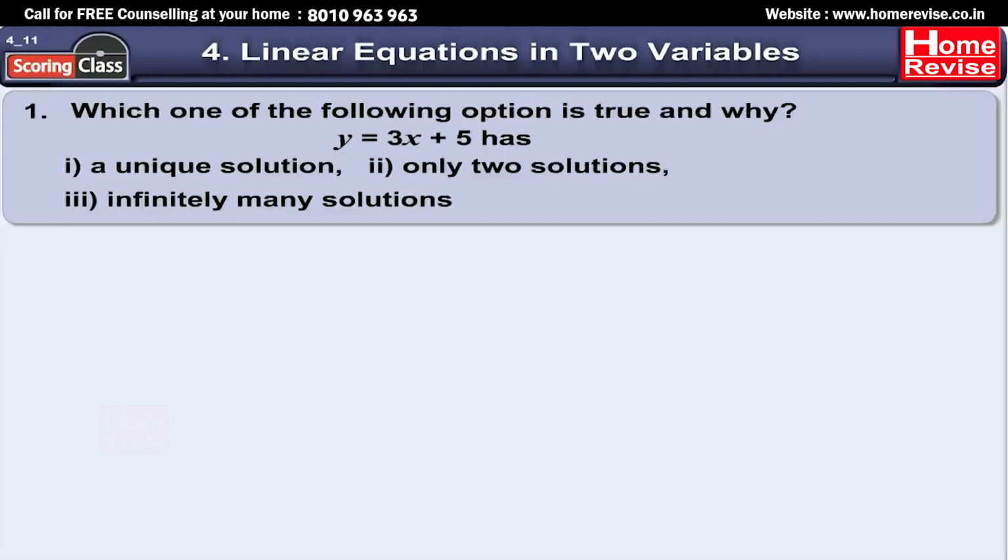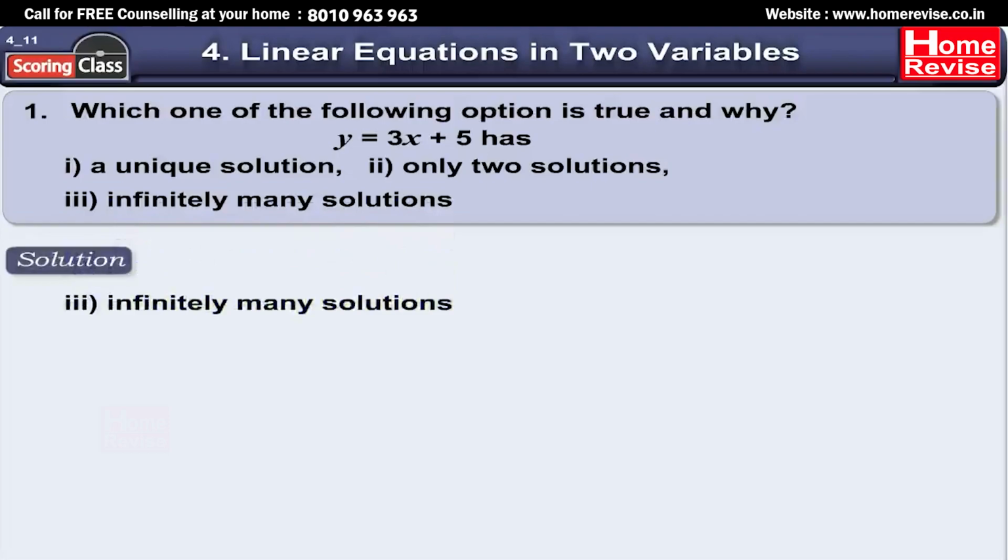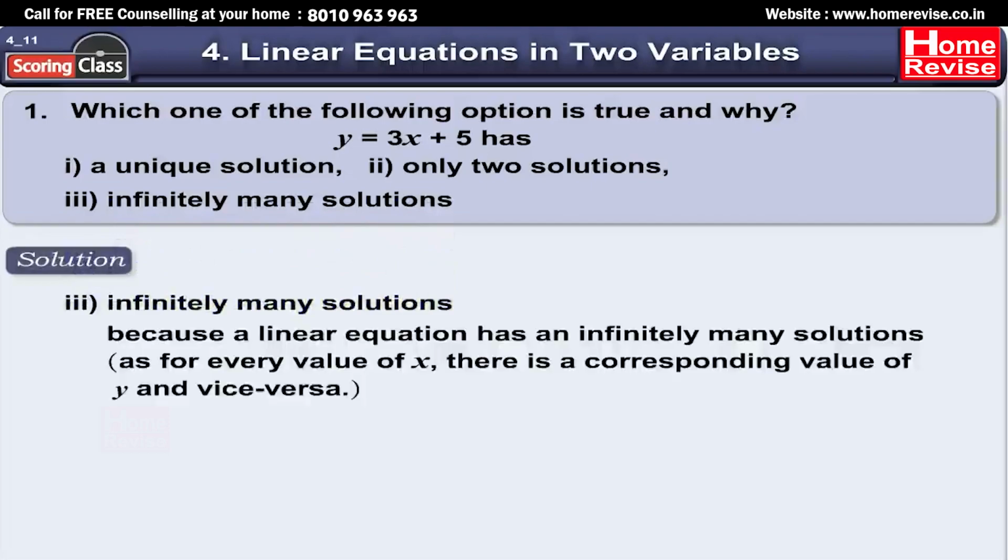Number 3. Infinitely many solutions. Number 3 is the correct option because a linear equation has infinitely many solutions, as for every value of x, there is a corresponding value of y and vice versa.